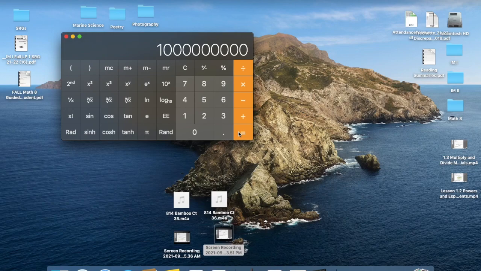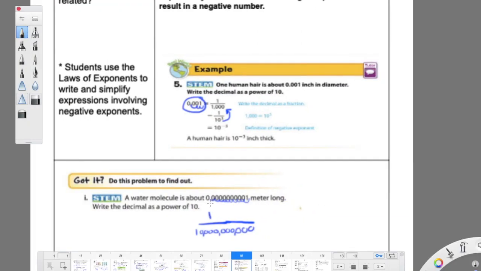Now I can hit equals again. That's 2 10s. Equals again. That's 3. Equals again. That's 4. You just need to keep track of how many times you hit equals. Equals again. That's 5. Equals again. That's 6, 7, 8, 9. So I need 9 of them. So that's one way you can go through and get this done.